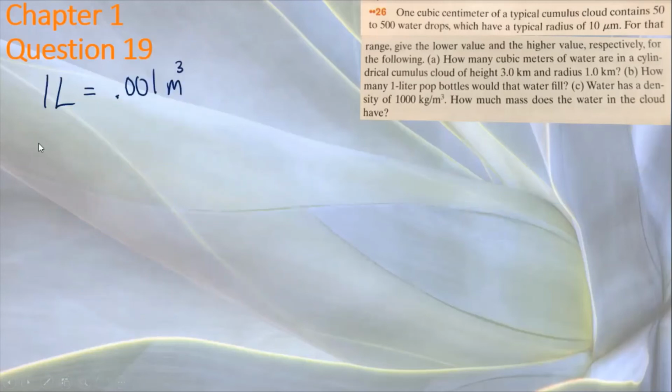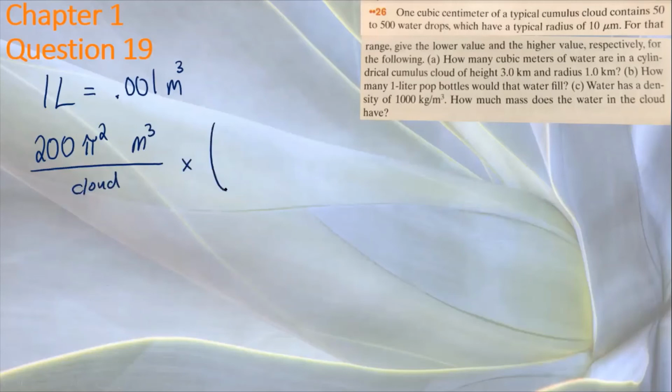So we have 200 pi squared meters cubed per cloud. By setting up a conversion factor, we can convert to liters from meters cubed, 1 liter.